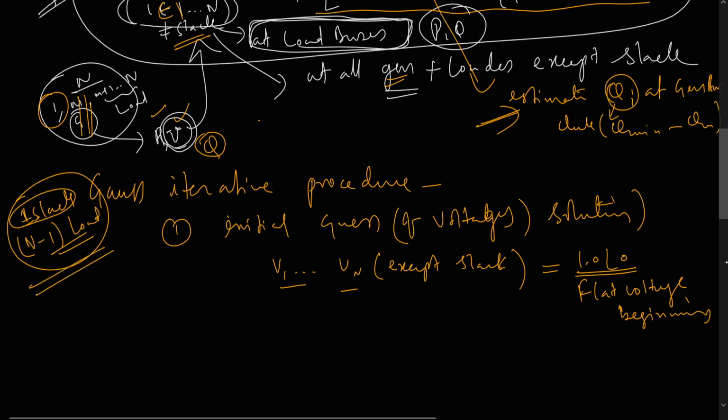Now under this condition, I'm writing the iterative procedure. Start with all initial voltages equal to flat voltages.